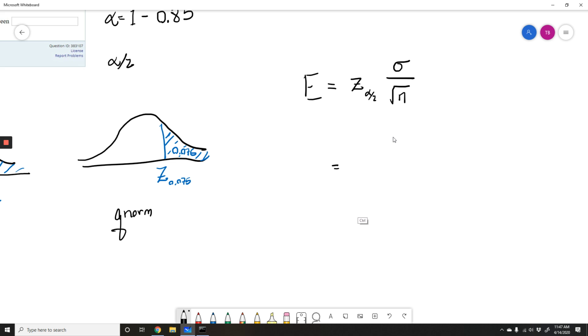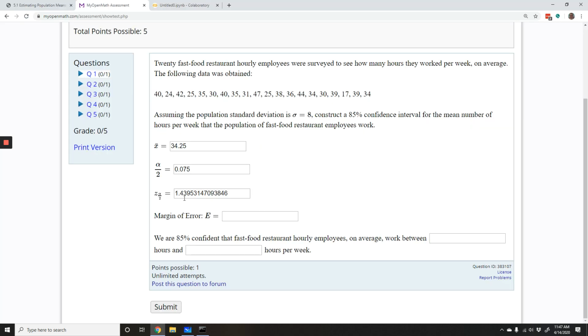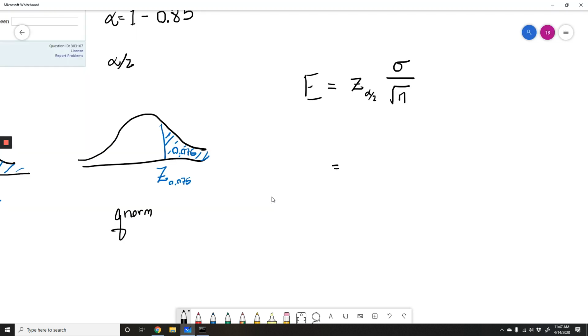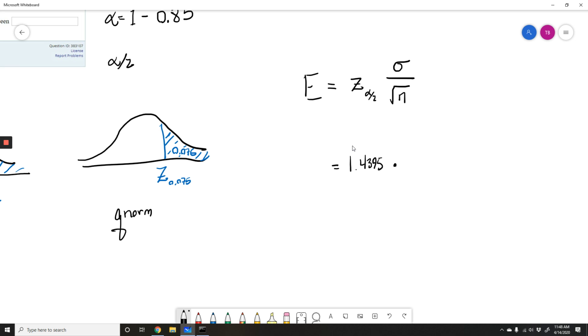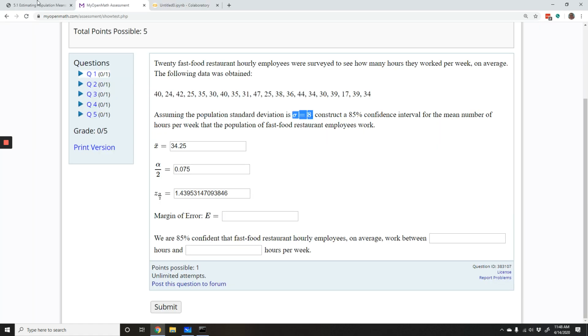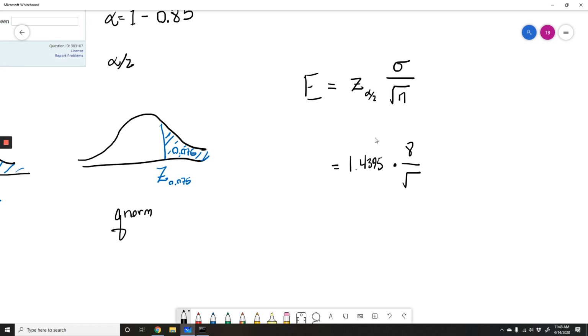That is actually 1.4395 about, times our population standard deviation. We are told that we are assuming the population standard deviation is sigma equals 8. So we will have 8 divided by the square root of the sample size, and we interviewed 20 fast food workers. Okay, so to find our margin of error, that's what we're going to do.